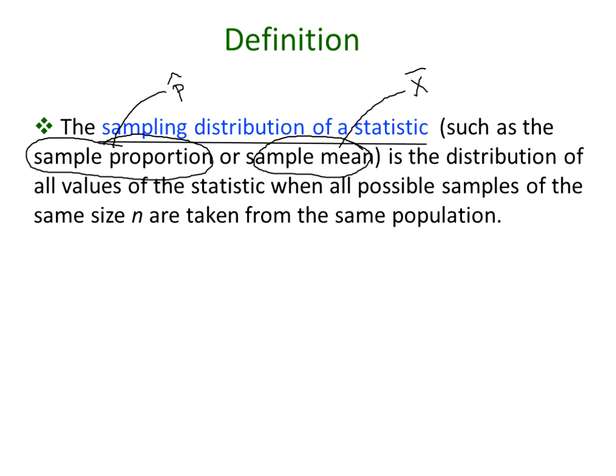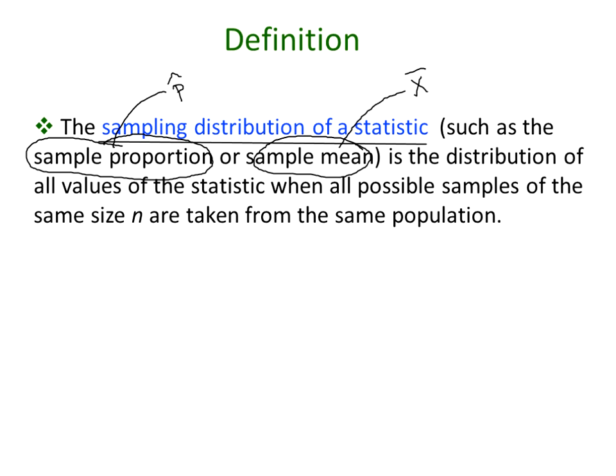It's usually a percentage, a fraction, or a decimal. So a sampling distribution of a statistic, which could be X bar or P hat, is a distribution of all values of the statistic when all possible samples of the same size N are taken from the same population.